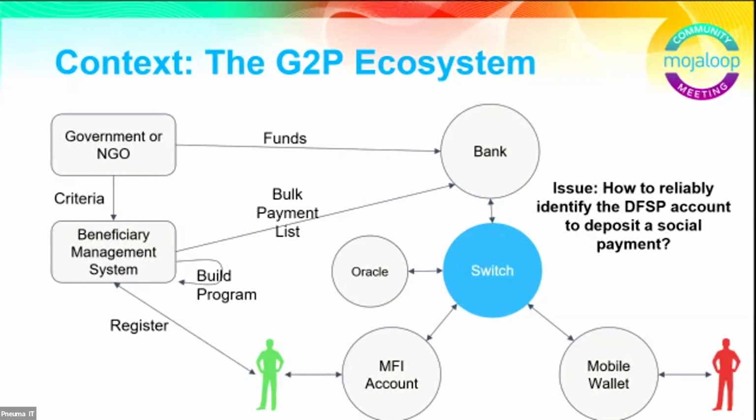So all the government or an NGO needs to do, when they're registering people, is have them show their national ID card, for example, and register that with the beneficiary management system, and then we can route payments to whichever account is selected for that national identity number. And that's the background to this project. We wanted to create a proof of concept which will implement that.